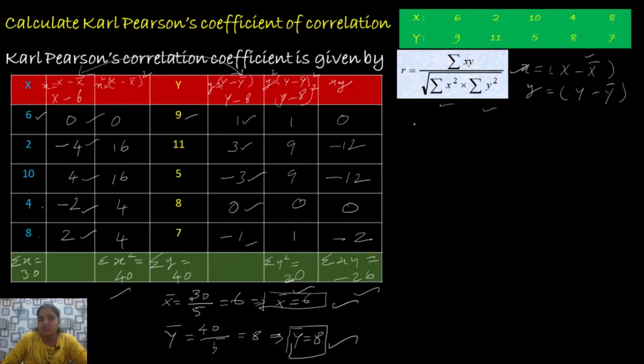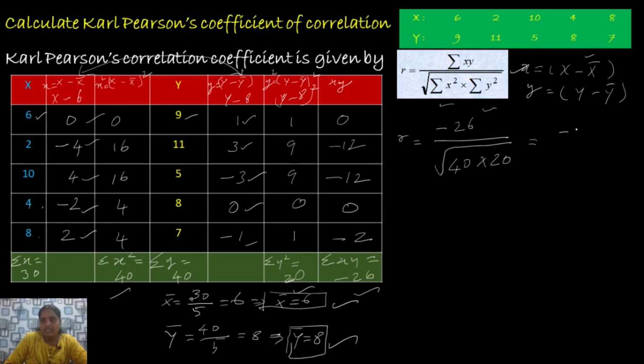Now let me substitute in the formula. R is equal to sigma xy, that is minus 26, over the square root of sigma x square, which is 40, and sigma y square, which is 20.